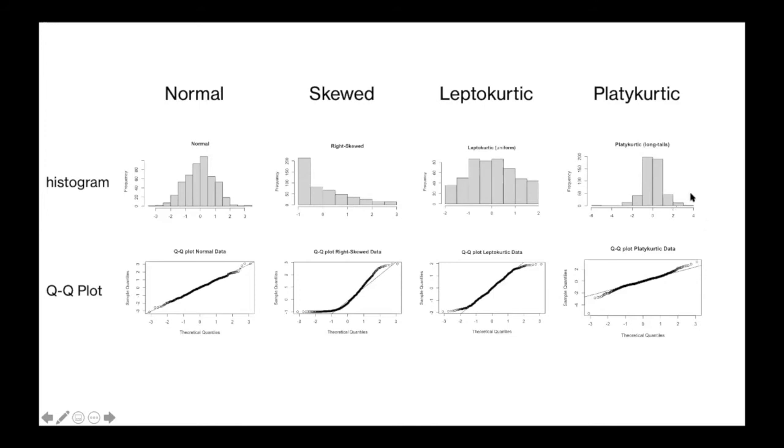And so we've got way too many extreme observations at the tails. So these are just 4 different examples of ways in which our distributions might deviate from normality and how those histograms for those samples correspond to this QQ plot that you might be less familiar at interpreting.